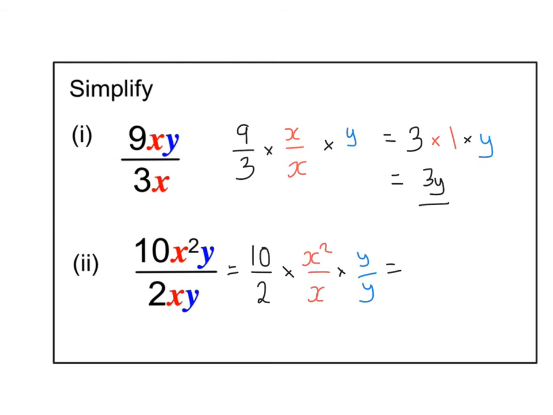Okay, let's work them out each separately. 10, remember fraction is division, 10 divided by 2 is 5. x squared divided by x, well, we know that x times x is x squared, so x squared divided by x, if I do it backwards, must be x.